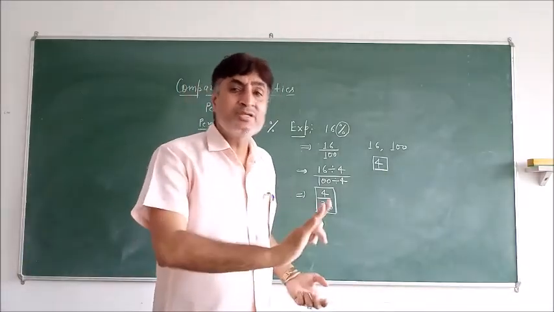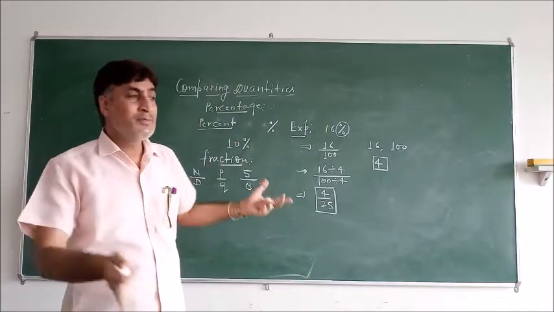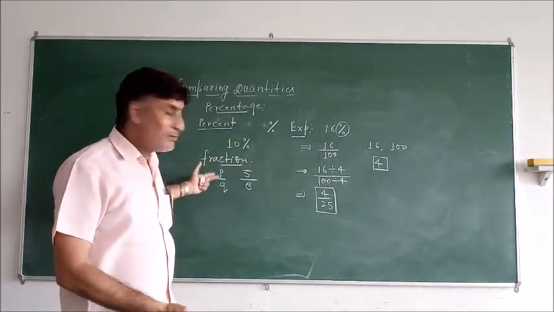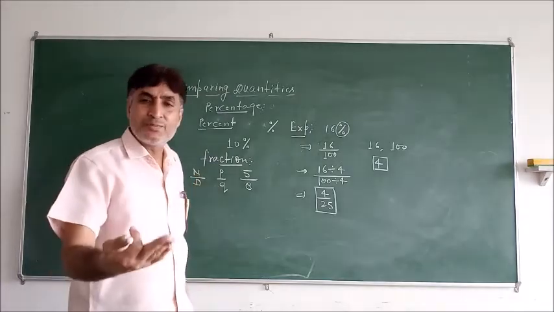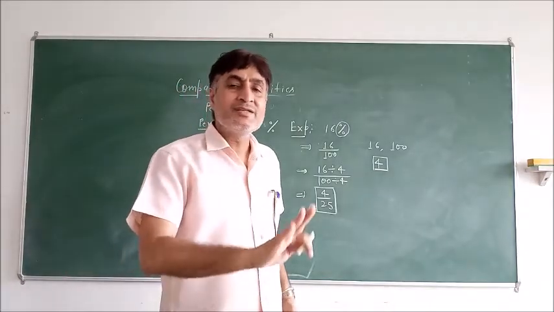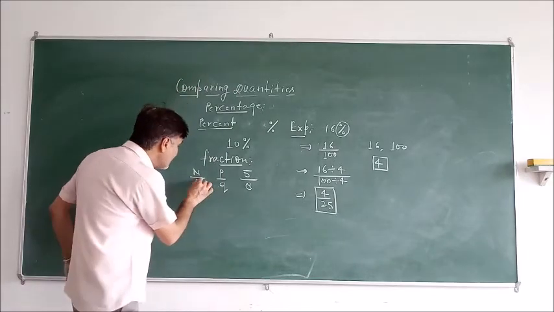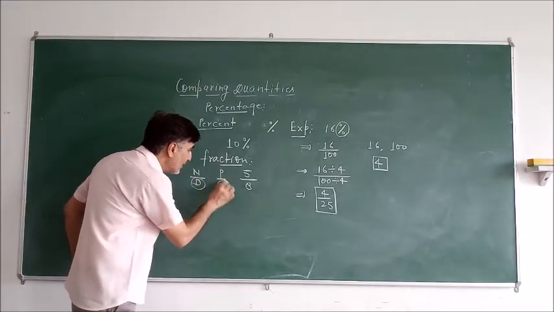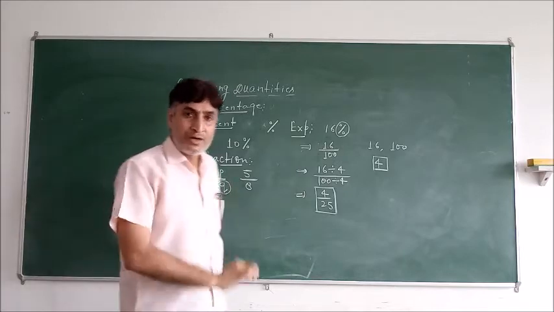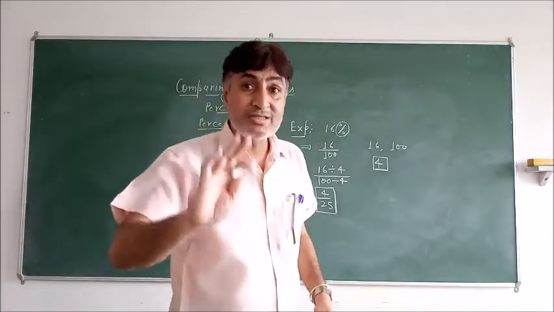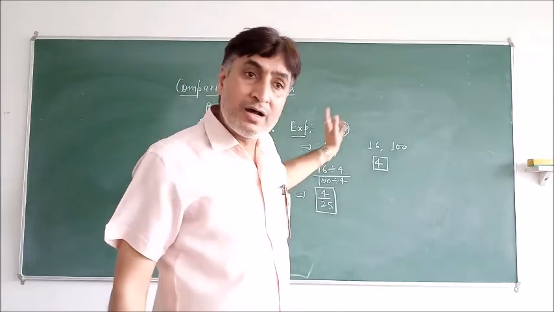Integers are positive or negative, that doesn't matter. Both may be positive, both negative, or one positive and one negative, but they must be integers. And the denominator Q can never be equal to 0. A number satisfying all these 3 conditions is called a rational number.